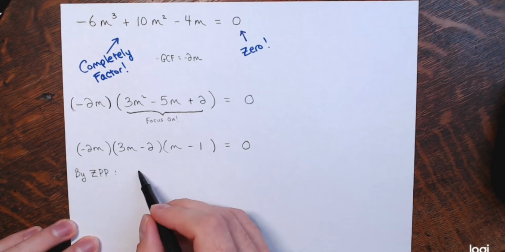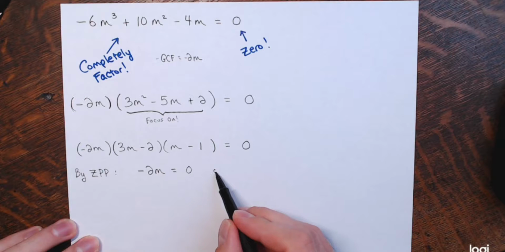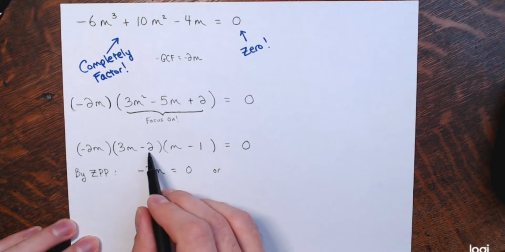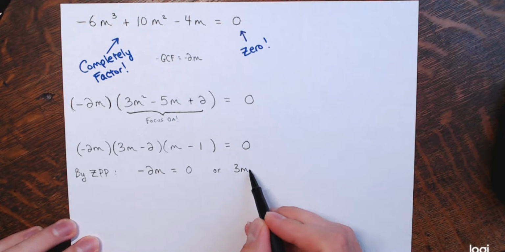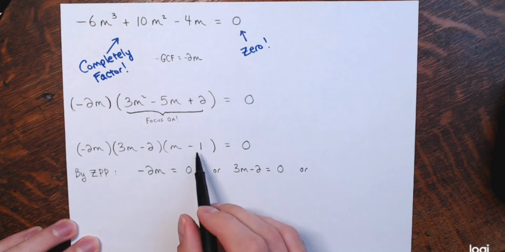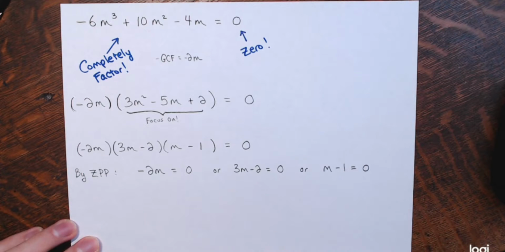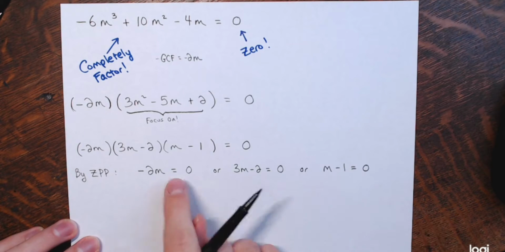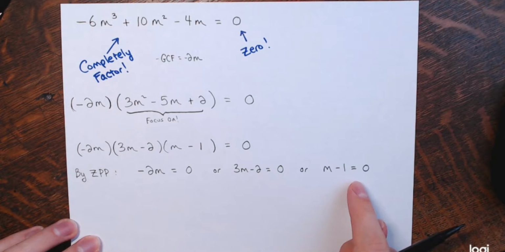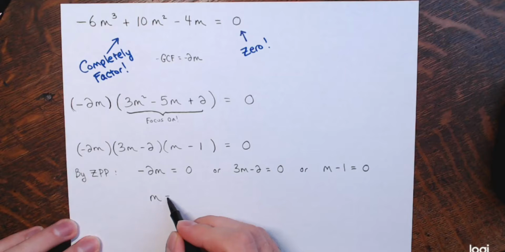So either negative 2 times m, that factor, is 0, or this factor of 3m minus 2 is 0, or this factor of m minus 1 is 0. And solving each of these three equations will give me solutions to my original equation. The first one's easy enough, m equals 0.